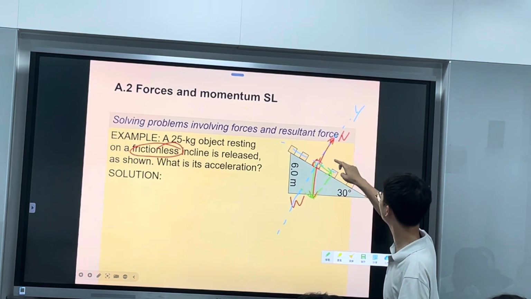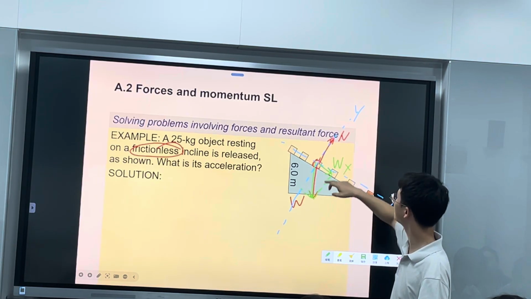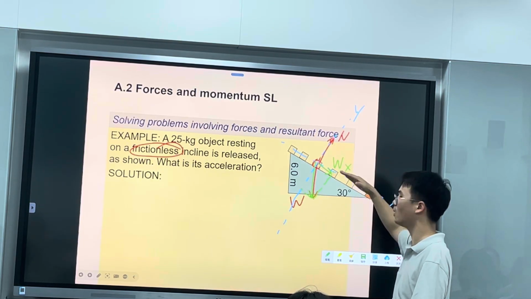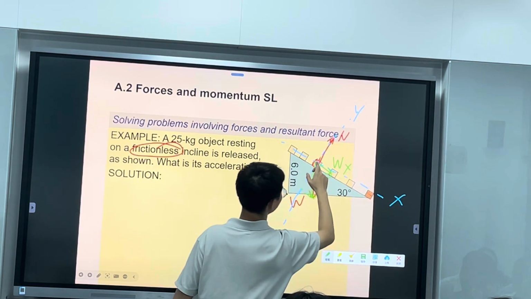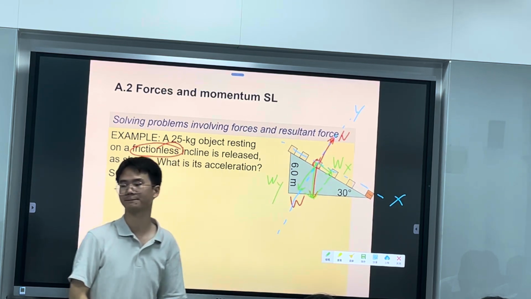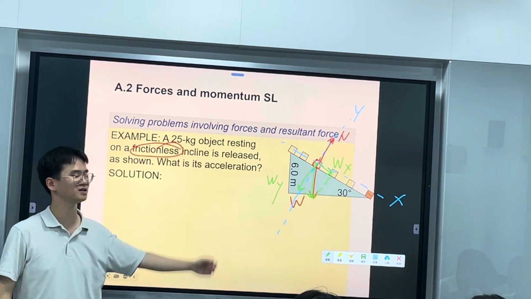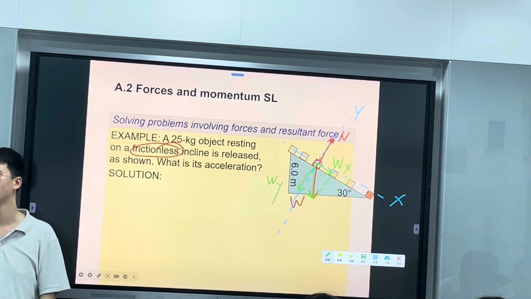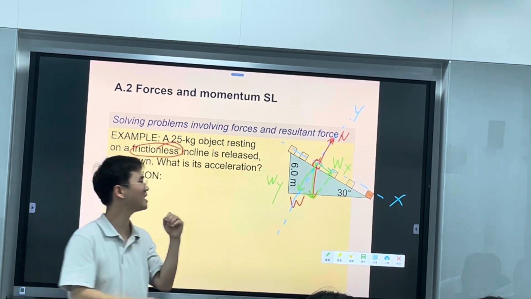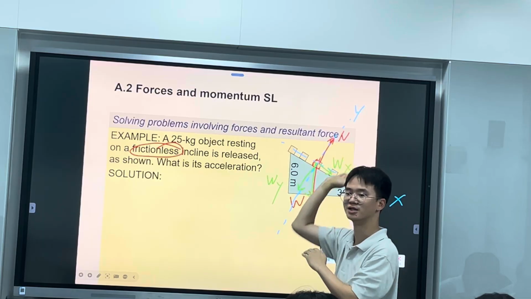It is this force, Wx, the component of the weight, the gravity, on the x-axis that drags the object downward. What about component y? What's the function of component y? To balance out the normal force, right? So that the object won't move in the y direction.